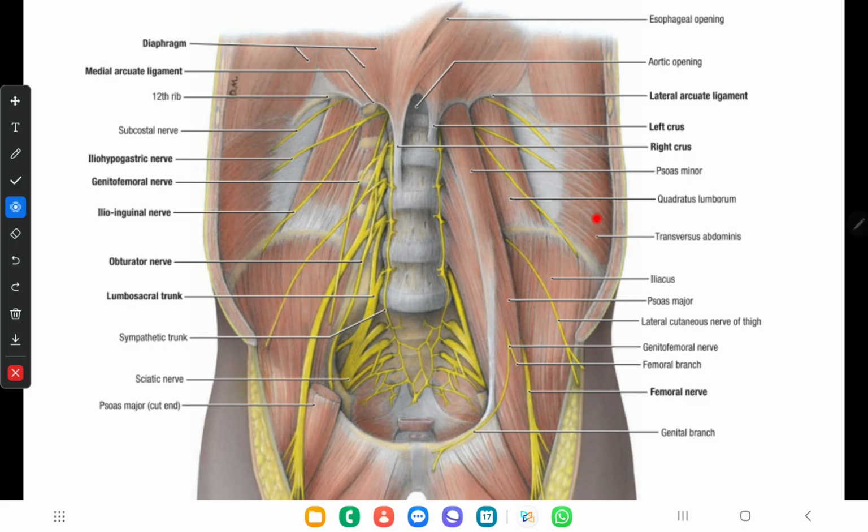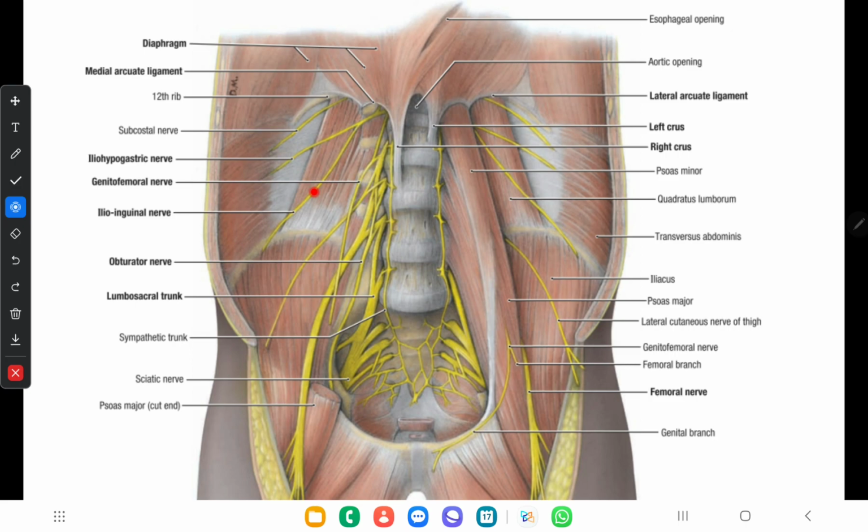Then the iliohypogastric nerve, this one, supplies the skin of the lower part of the anterior abdominal wall. And the ilioinguinal nerve passes through the inguinal canal.